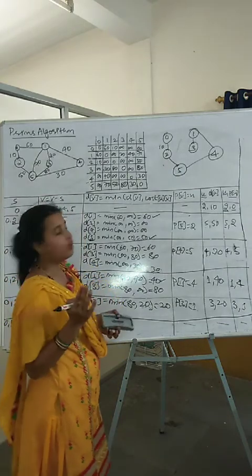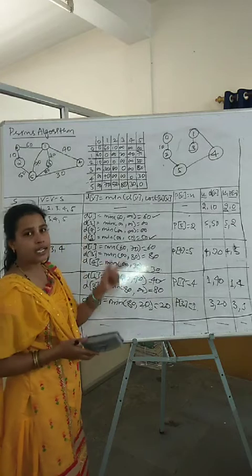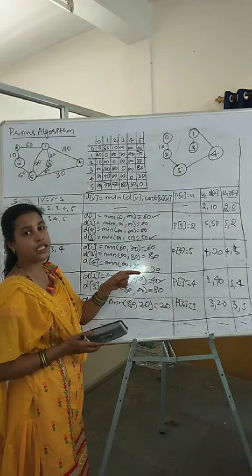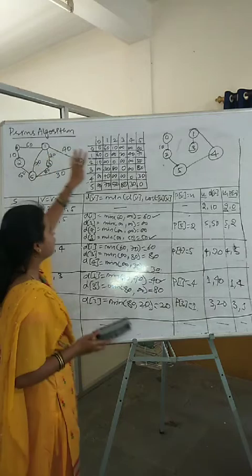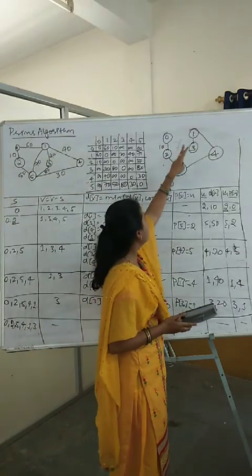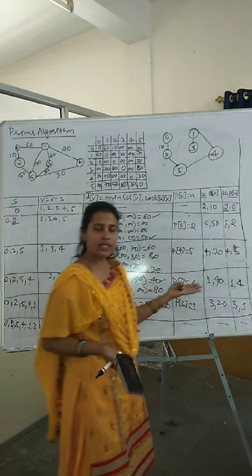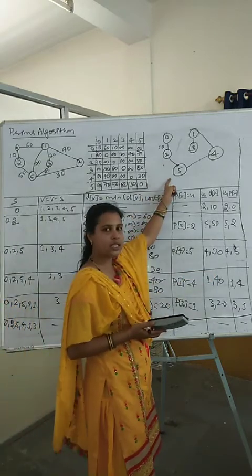See what are the characteristics of a minimum spanning tree. It should contain all the vertices which are present in the main graph. So in the main graph 0, 1, 2, 3, 4, 5, in this also you are getting all the vertices. It is acyclic. There is no cycle present in this graph.